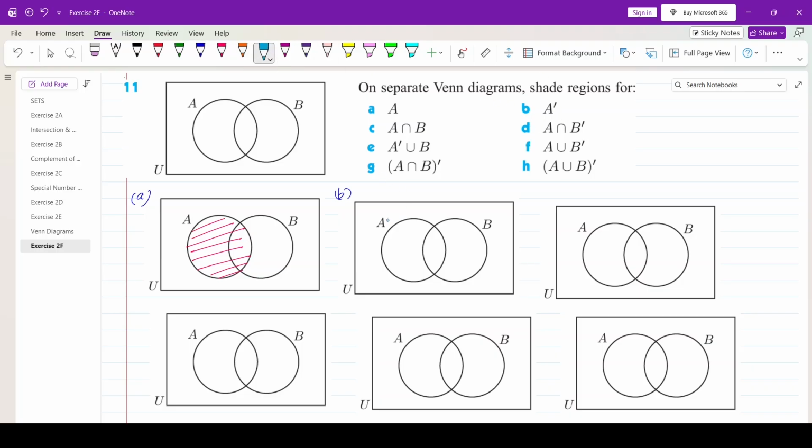So A complement will be the rest. Part C says A intersection B. So that will be this part.